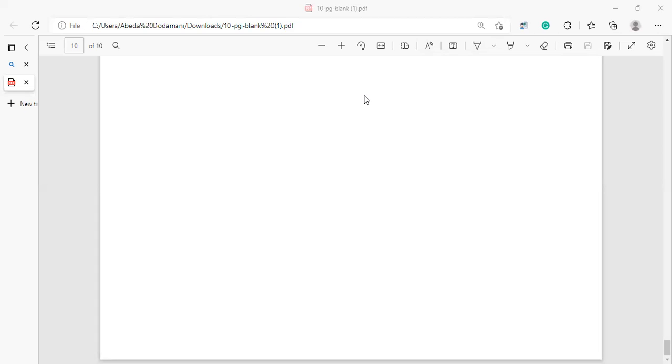Okay, so let's begin with the first quadrilateral which we are considering for our study, that is the parallelogram. So basically we are talking about quadrilateral here.